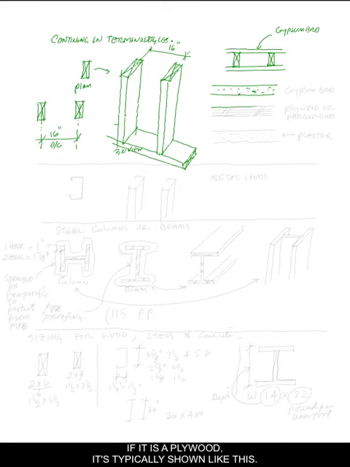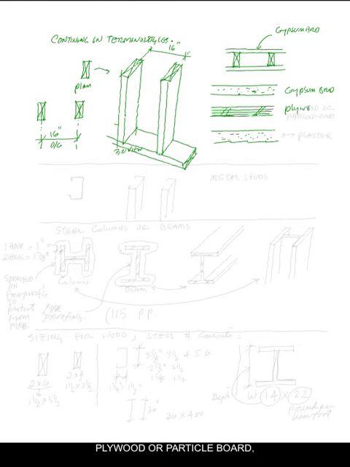If it is a plywood, it's typically shown like this, and stucco is also shown very much similar, except you have the screed and the wiring behind it, shown like this. So this would be the gypsum board, plywood, or particle board, and this will be plaster.